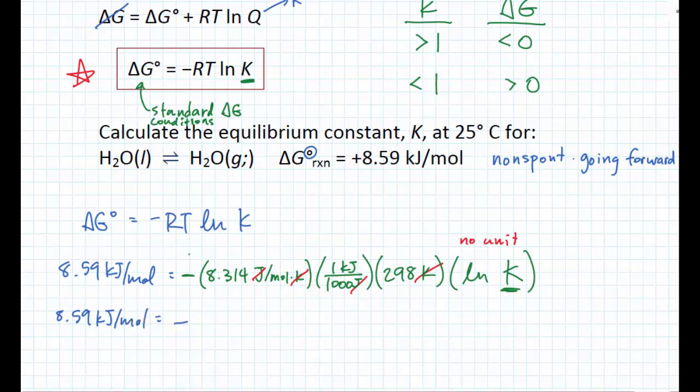This is going to be some negative number, right? 8.314 divided by 1,000 times 298. Negative 2.47757. Here's my color coding.